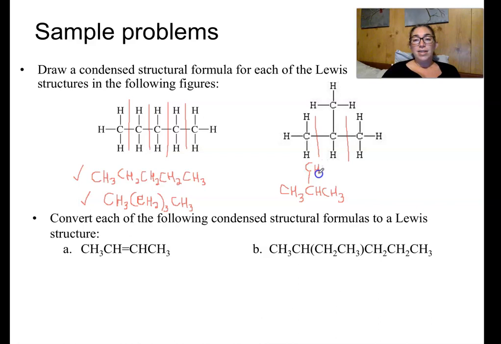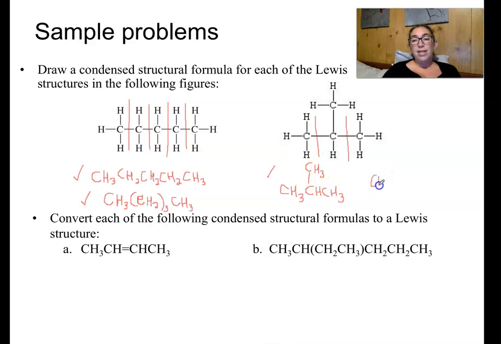All right, so in this case, in the condensed structure, we are showing where those branch points are. We are drawing the bonds there. So this is one way to do this. Another way to draw the same molecule is to put the branch group in parentheses.